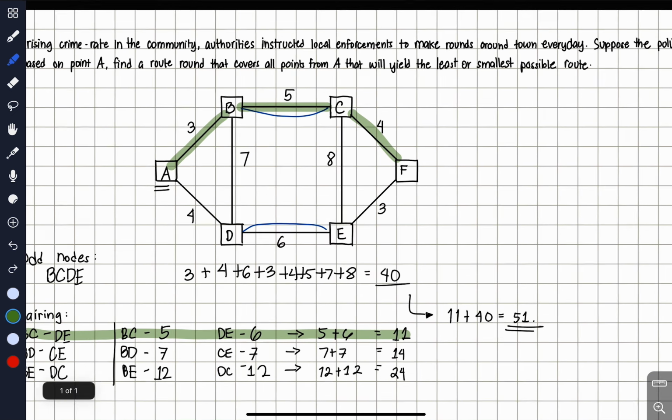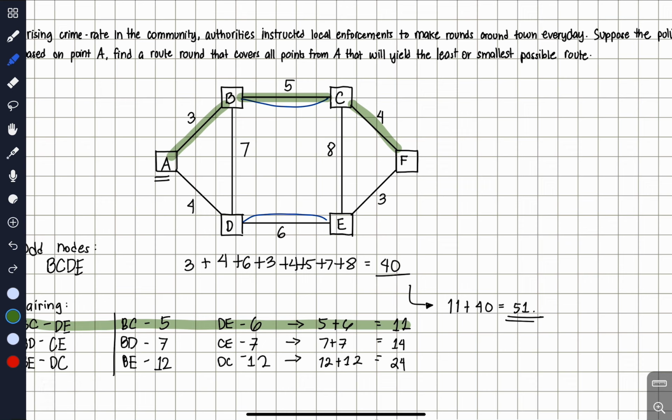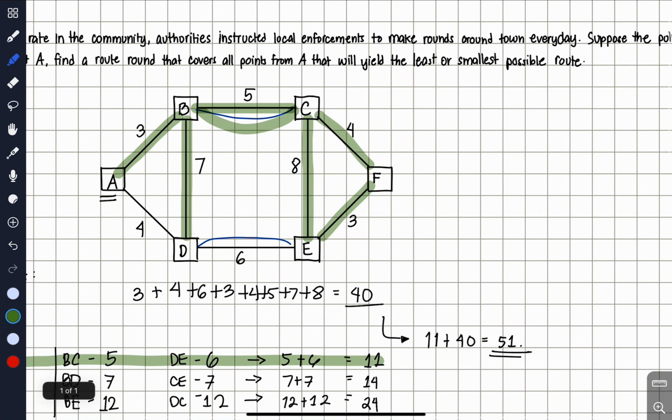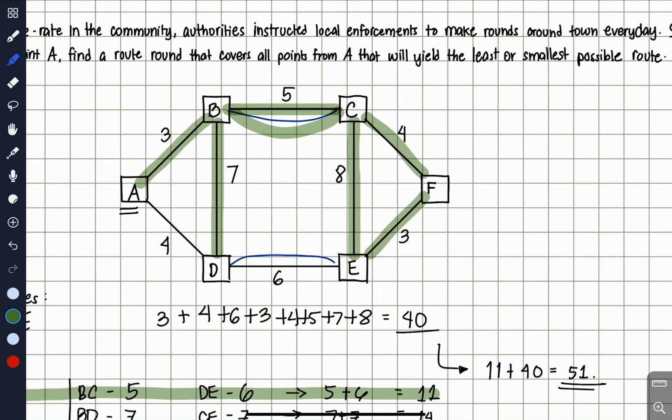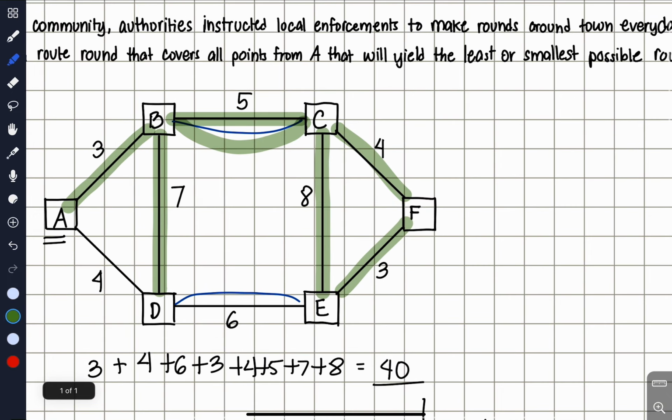Wait, let's try and check that again. So from C to F, F to E, then E to C, sorry. E to C, then C to B, B to D. Yes, it's still correct because we've already went through all the points.